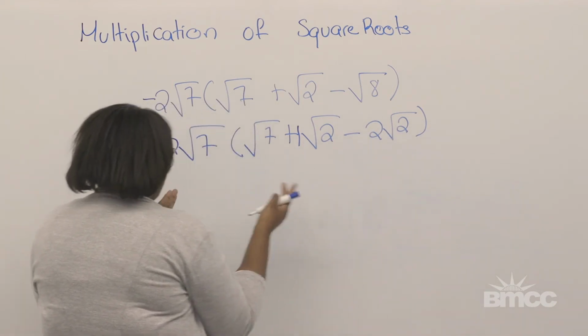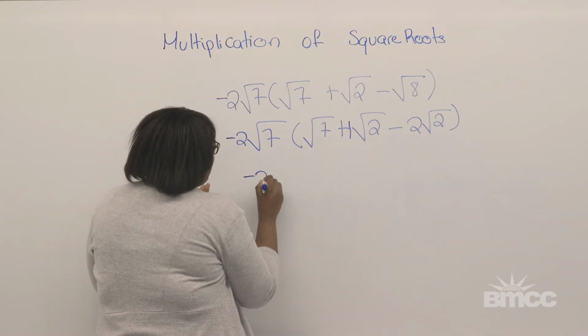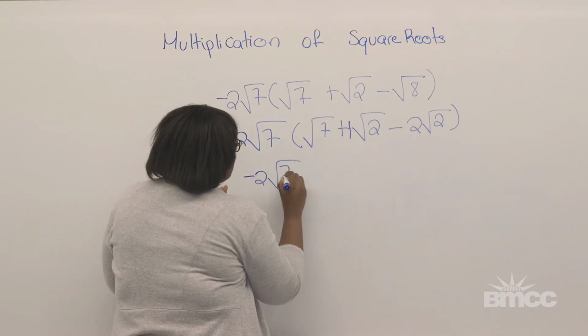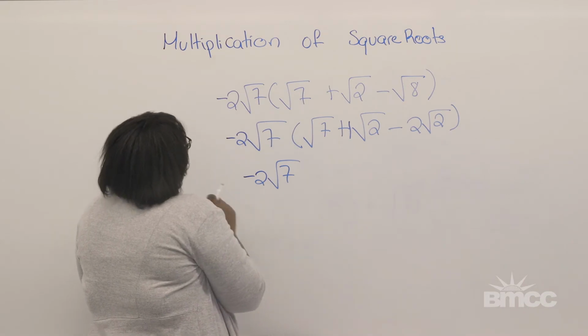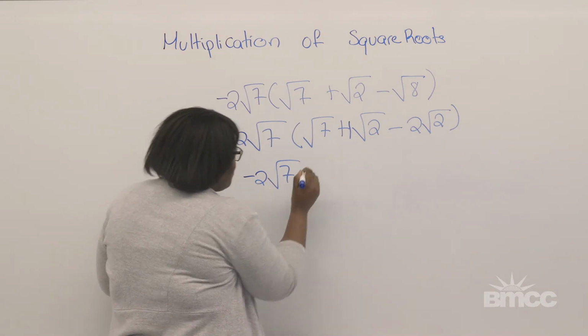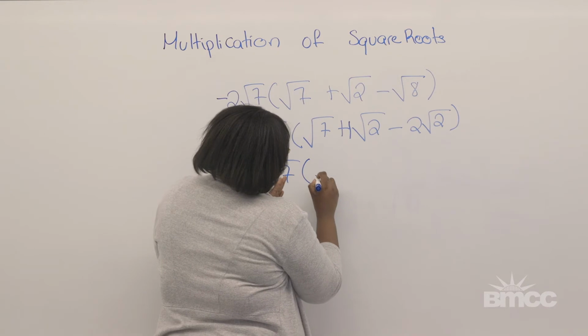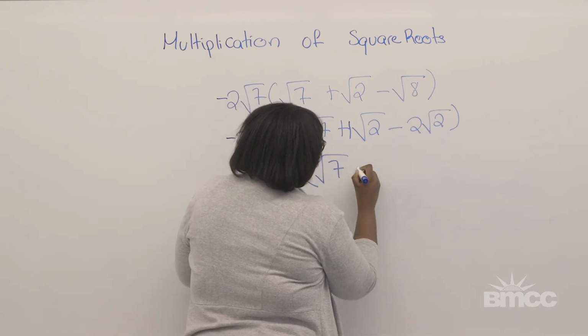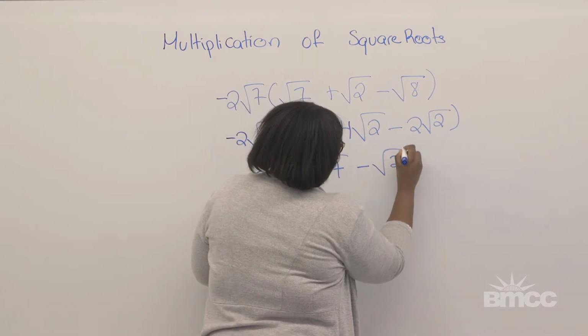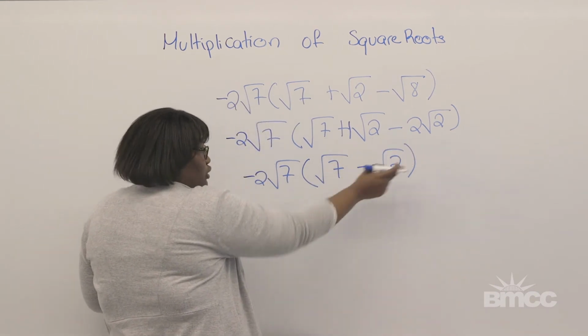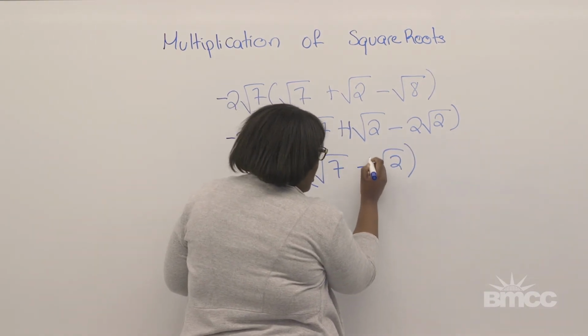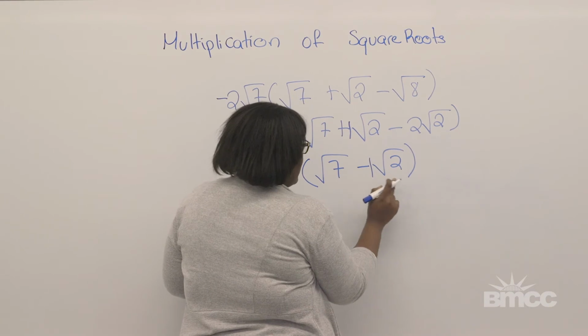We're going to minus their coefficients. So this will just give us negative 2 times the square root of 7, times the square root of 7 minus the square root of 2. 1 minus 2, again, this would be imaginary 1 in front of it, just be negative 1.